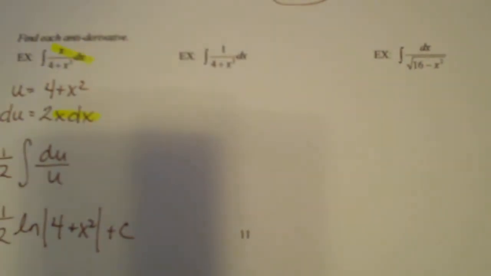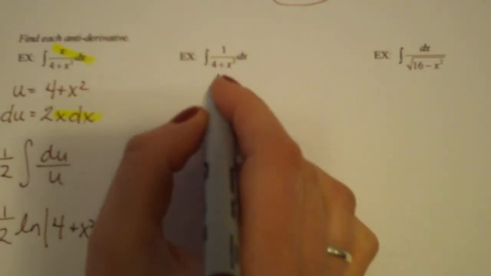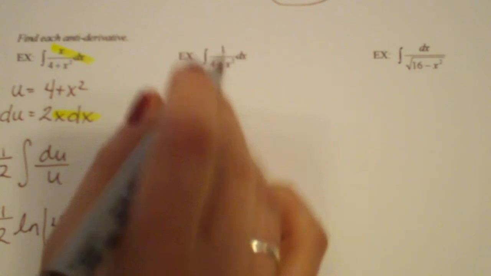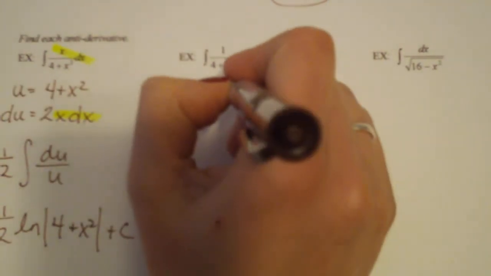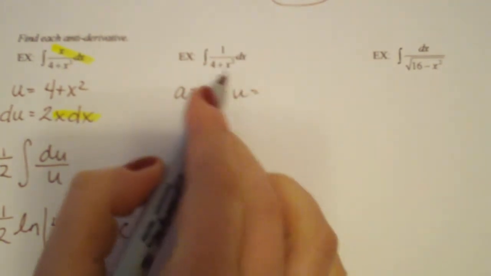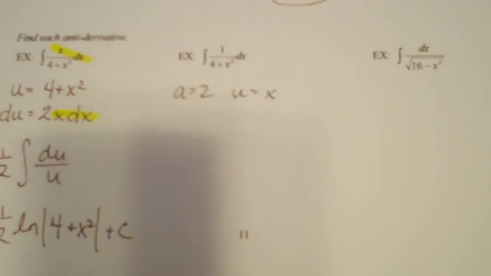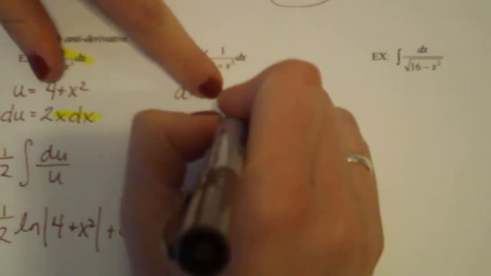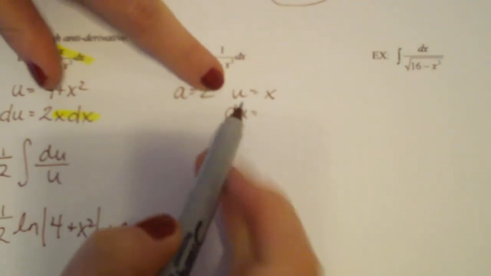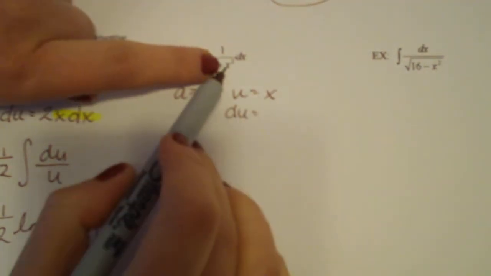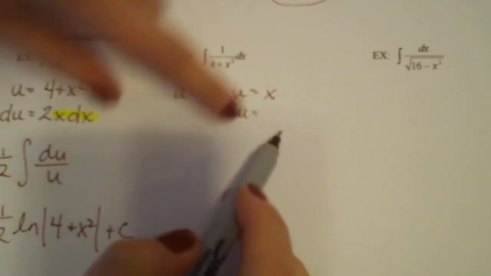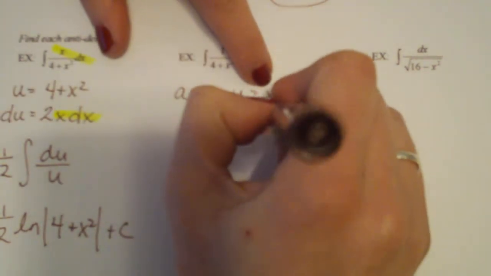So what I want to do here, I always kind of set this up. What constant is getting squared to get 4? 2. Okay, what variable is getting squared to get x squared? x. And now I look at this and say, okay, if u is x, because that's the variable that's getting squared here, then du will be dx.